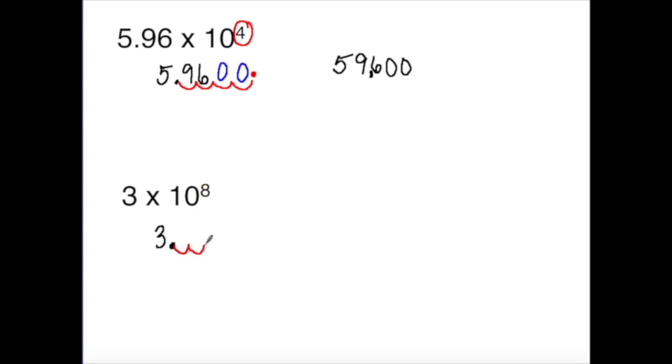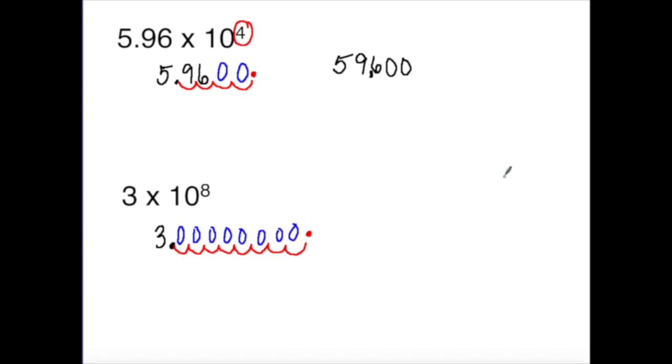1, 2, 3, 4, 5, 6, 7, 8. So our new decimal is going to be way back here. And in each of these places where we moved the decimal, we need to add zeros, just like we did up here. So I'm going to add 1, 2, 3, 4, 5, 6, 7, 8 zeros.